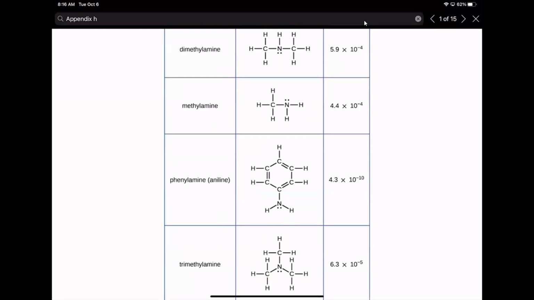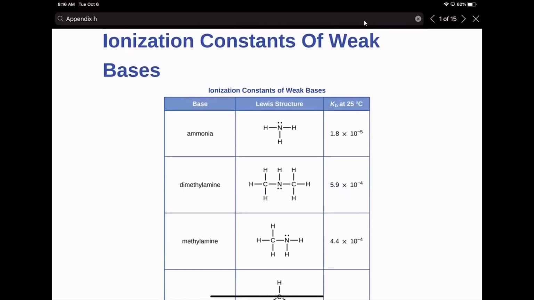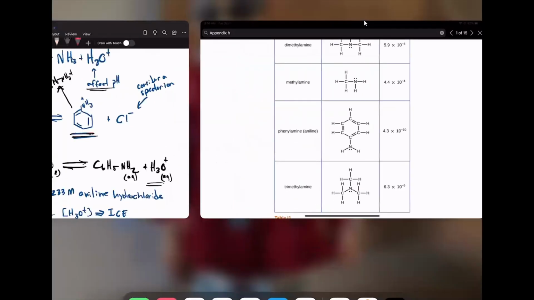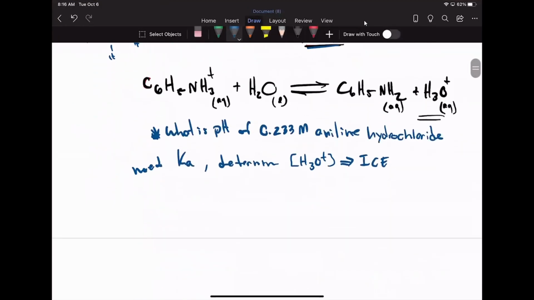What we have here is the ionization constant of a weak base, so we have the Kb, not the Ka. Our Kb is 4.3 times 10 to the minus 10.